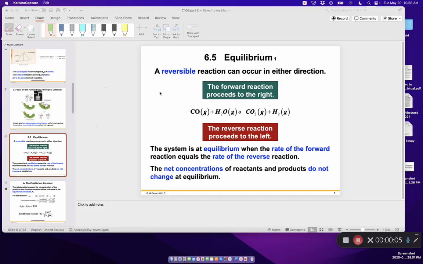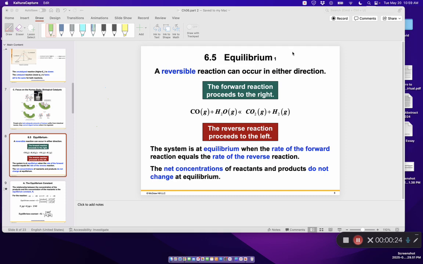In today's lecture video, we are covering a completely new concept about equilibrium from chapter 6. Okay, in order to understand that, let us look. Until now, we had always been talking about the irreversible reaction.